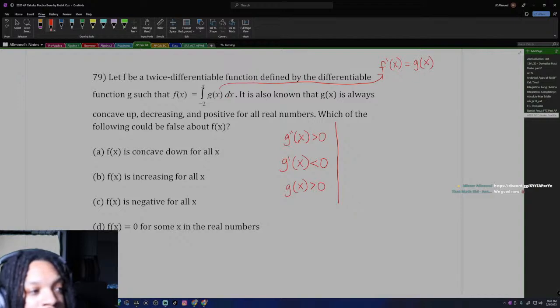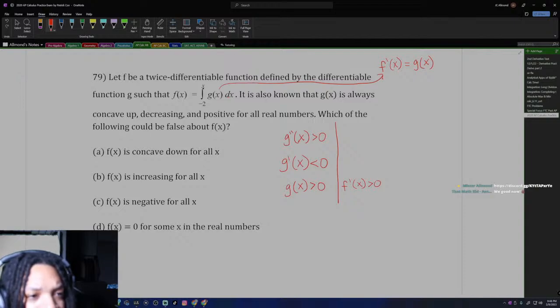Because when I differentiate an integral, they cancel each other out. So if g of x is positive, then f prime of x must also be positive because g and f prime are the same thing.